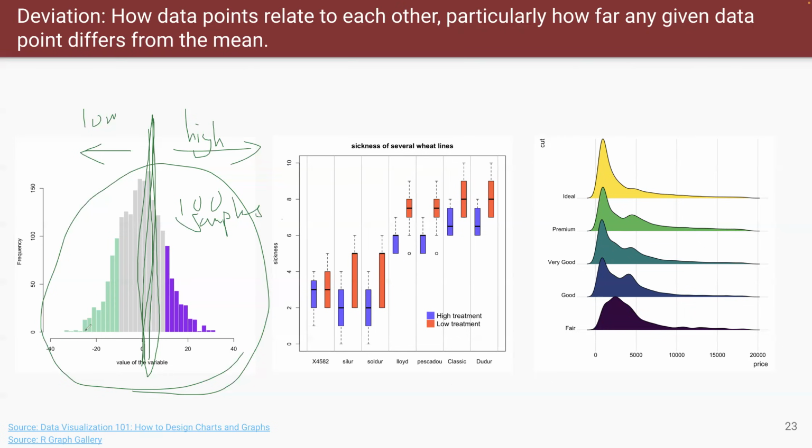So each bar contains the frequency of samples. Sorry, this is more than 100. It's probably like 10,000 samples because the frequency axis is quite high. And then your samples of interest, let's say you're calculating the gene expression of someone who took some medication, right?